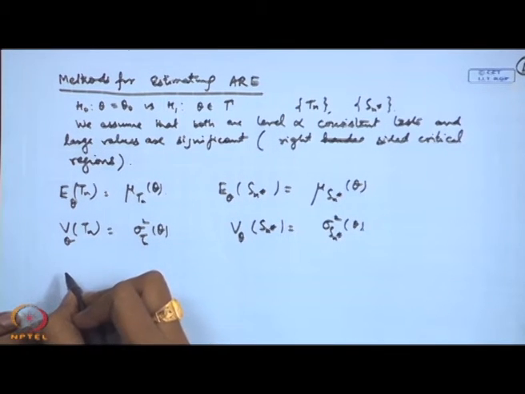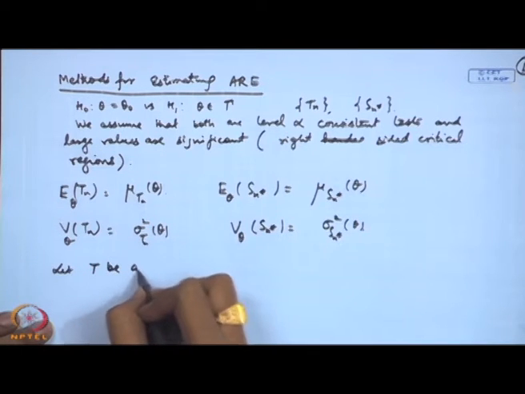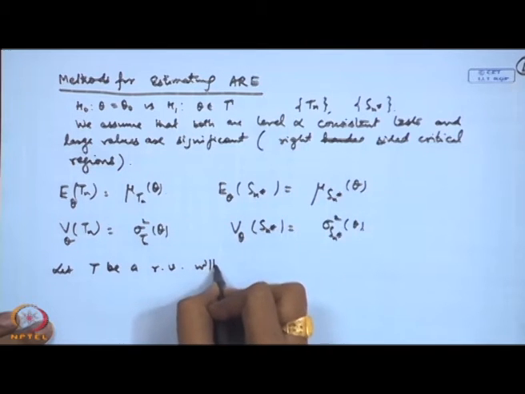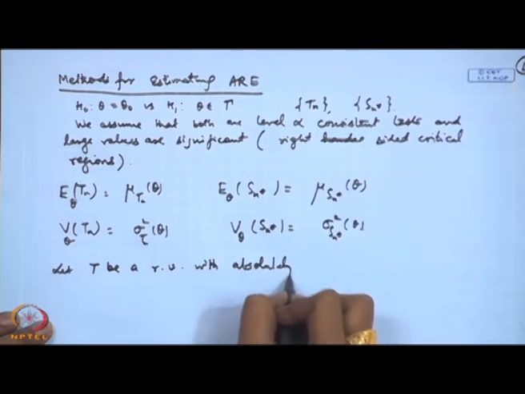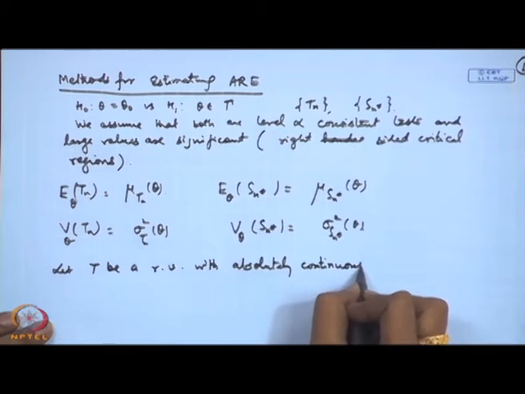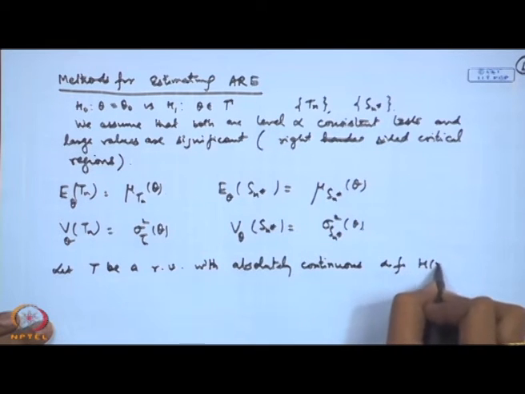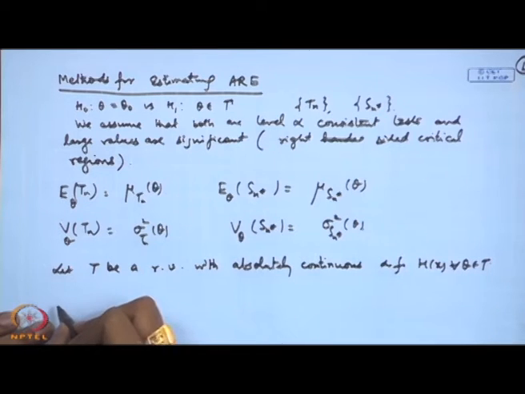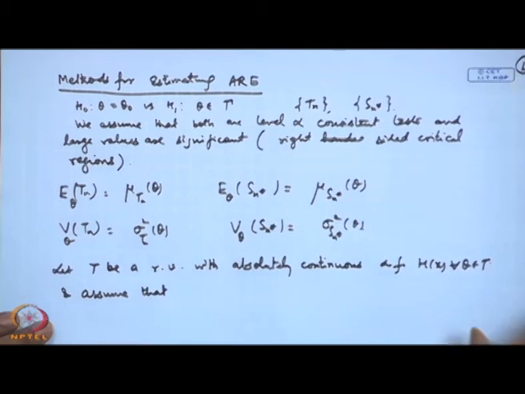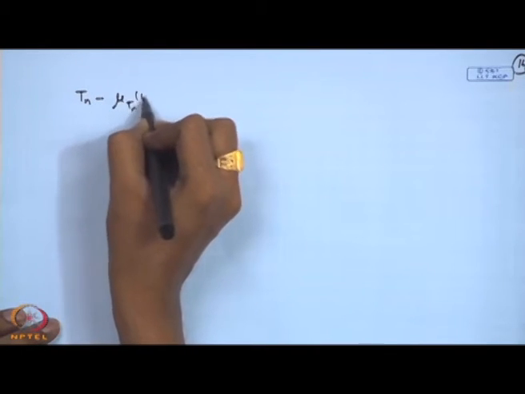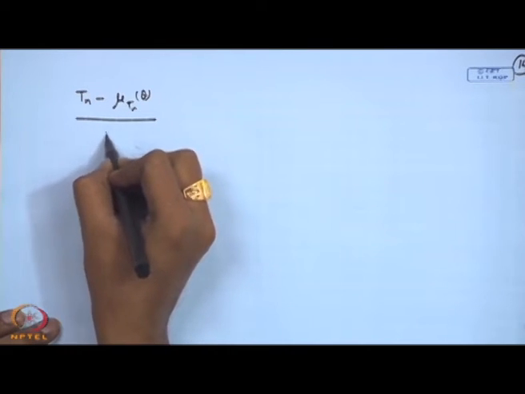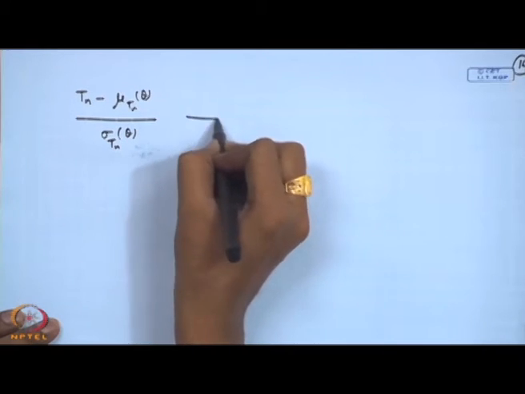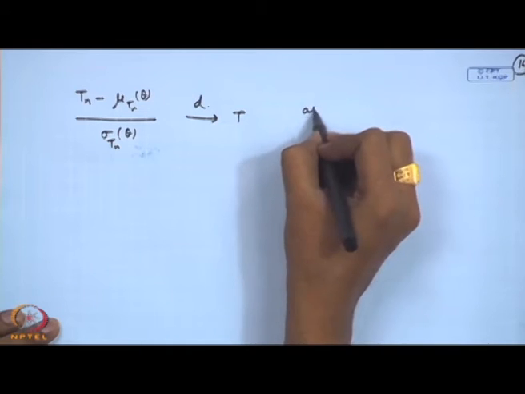So, let us assume that T is a random variable with absolutely continuous distribution function H for all theta belonging to gamma, and we assume that the asymptotic distributions of standardized variables of Tn and Sn are based on T. We are saying that they converge in distribution to T as n tends to infinity.